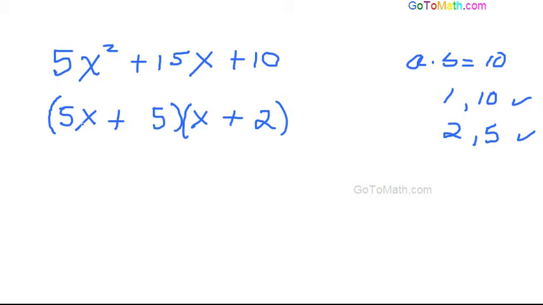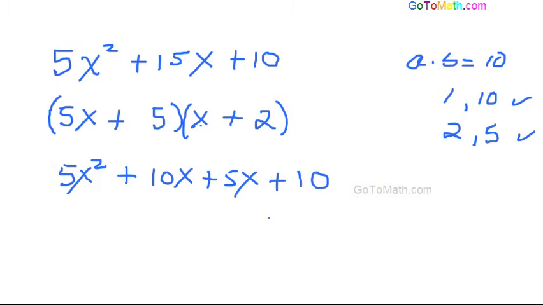If you multiply 5x times x, you get 5x squared, and then 5 times 2 is 10x, and then plus 5x, and then we have 5 times 2 is 10.